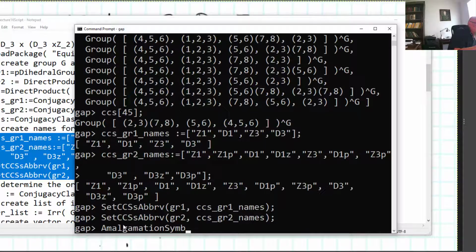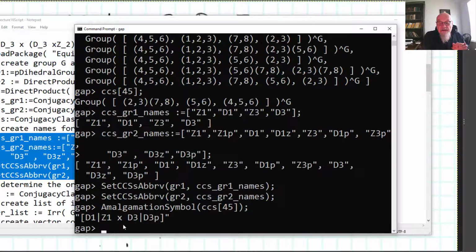Symbol, did I write it correctly? And then I have open bracket, this is CCS45, close, close, close. If I have no typos, then it will work. And we are getting it. Yes, this is the amalgamation symbol. And I can write it down here. So this is D1, and D1, and this will be D3. Good.